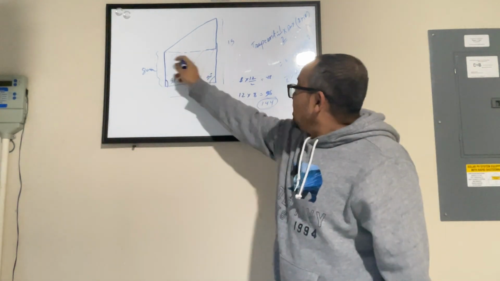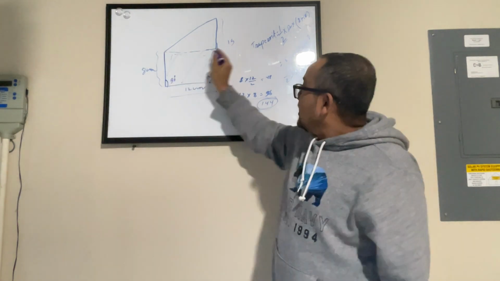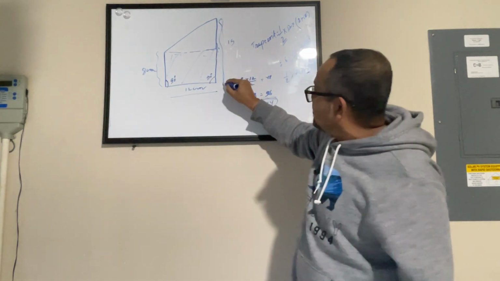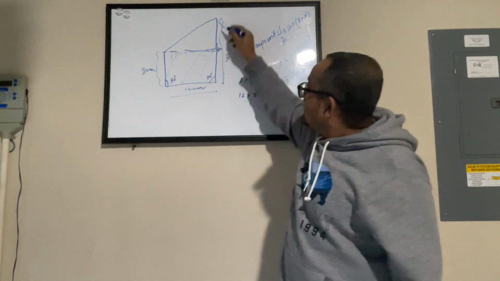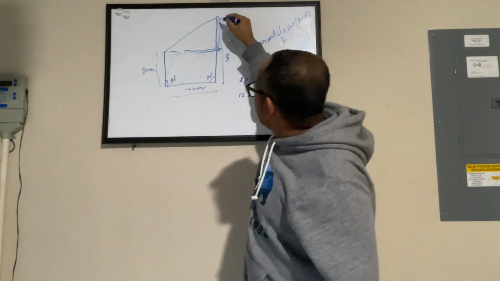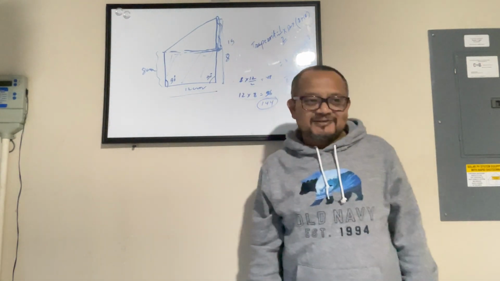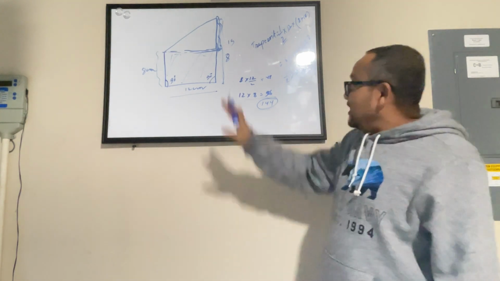Now half of base into height. Your base is 12. Height is not 8 actually, because total from here to here is 15. Up to here is 8. You are finding the area of this part. So what is the height of this part? This is not 8. This is 15 minus 8 actually. That makes it 7. Oh, okay. Yeah? So that was the only thing.